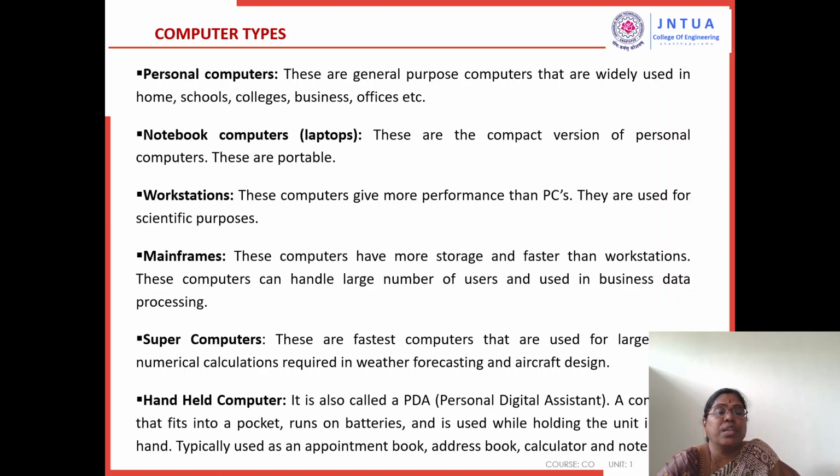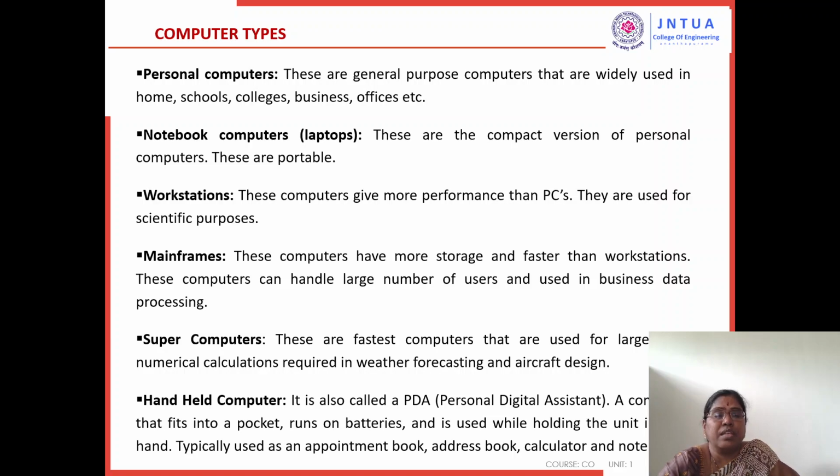Nowadays, we use not only personal computers but also notebook computers, which we call laptops. A laptop is very compact compared to a personal computer, and it is portable. Workstations are computers that give more performance than a PC.